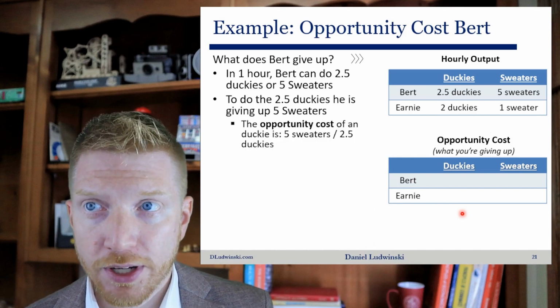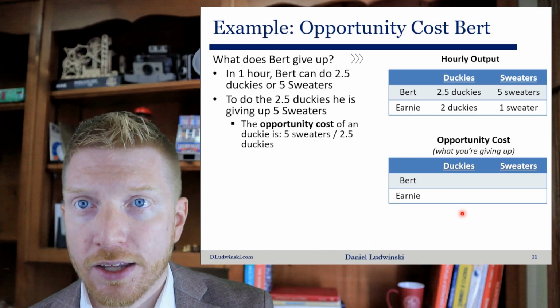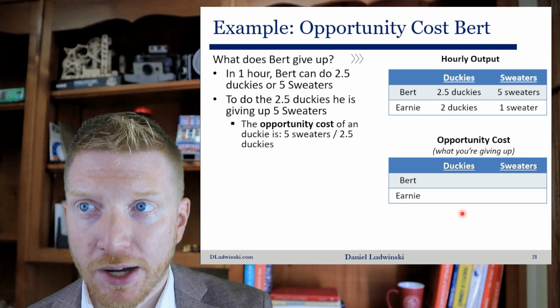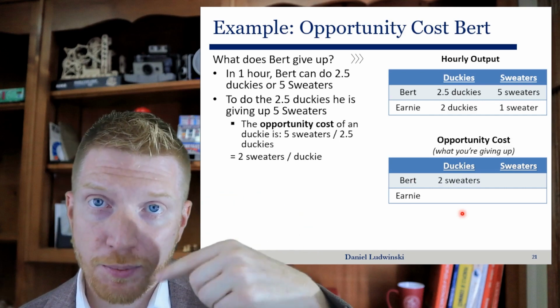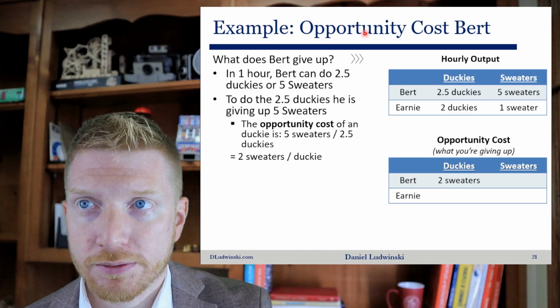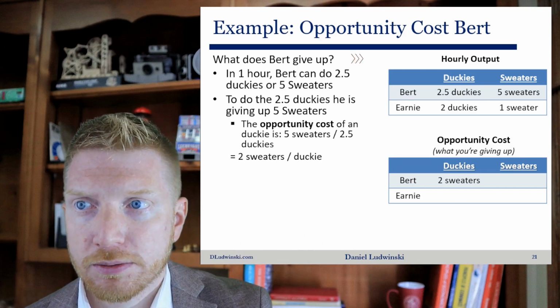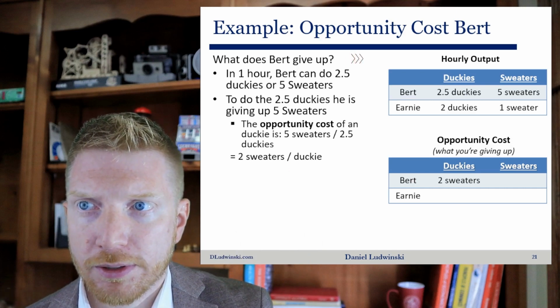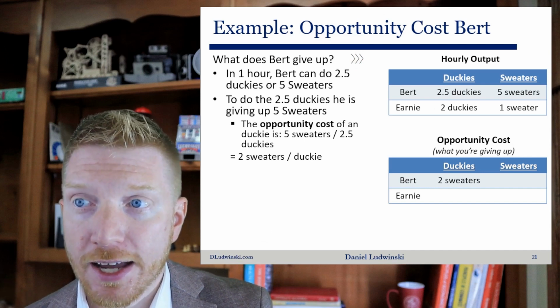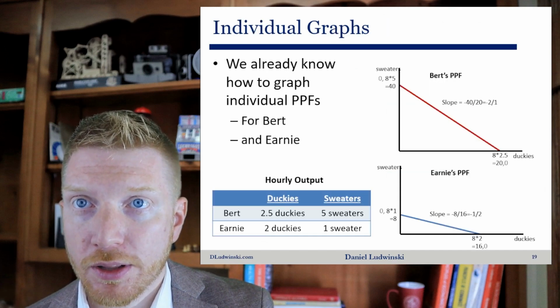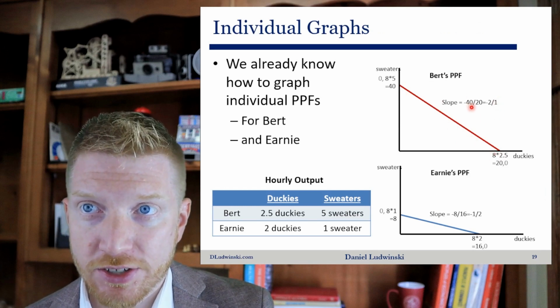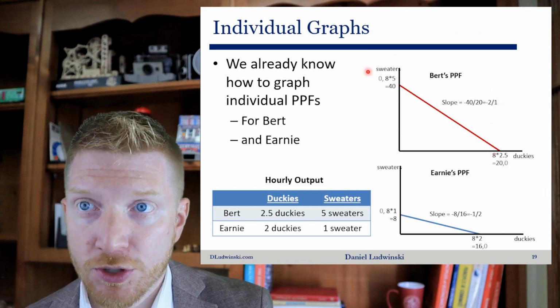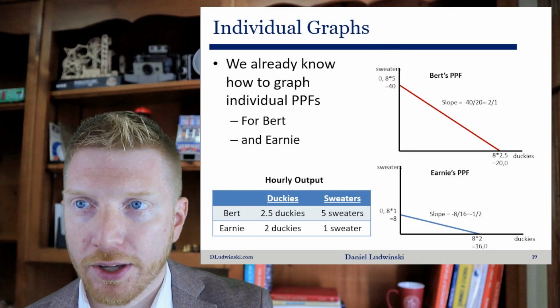So his opportunity cost of a ducky is 5 sweaters divided by those 2.5 duckies. In other words, he's giving up 2 sweaters per ducky. And this connects back to the slope of that production possibilities frontier. It's actually 2 for 1 because it's 2 sweaters to get 1 ducky.